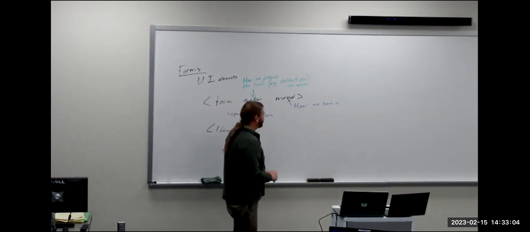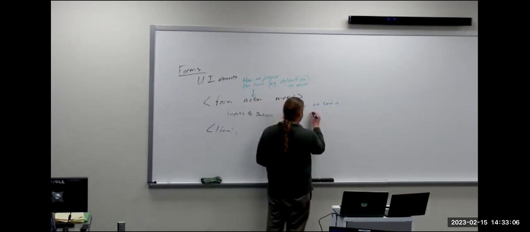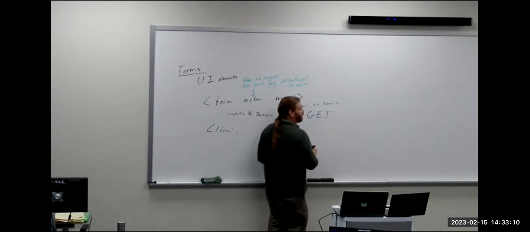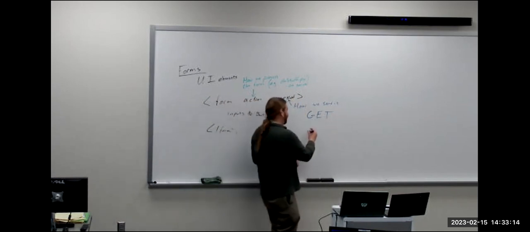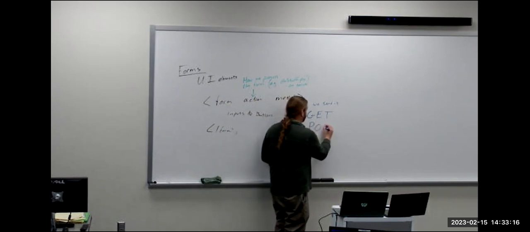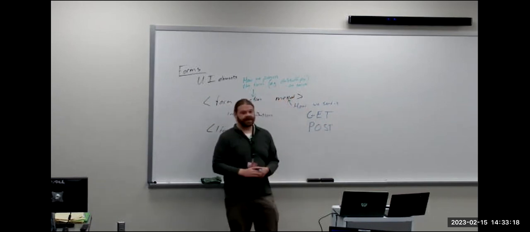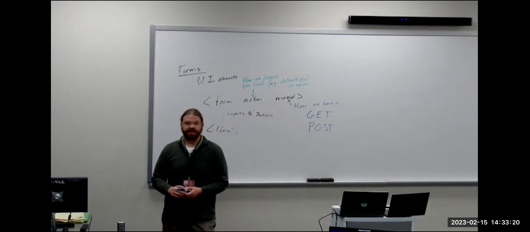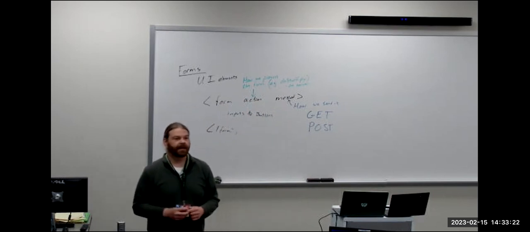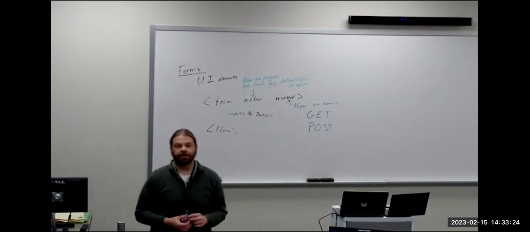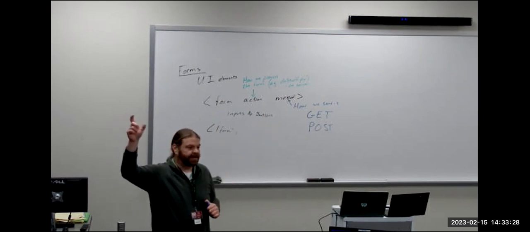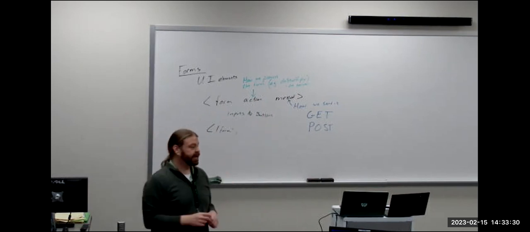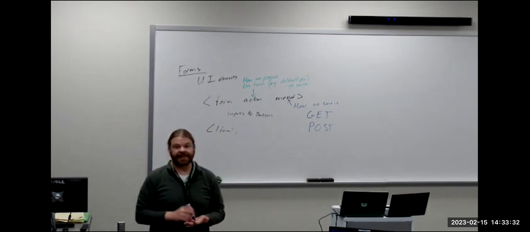There's a bunch of different methods. The two that we're going to use almost always, 99.99% of the time, are get and post. They're almost identical. If we send it with the get method, we will see it in the URL. It appends onto the URL when we submit our form, and it's in the address, and we can see it.